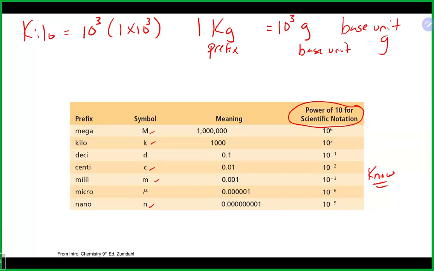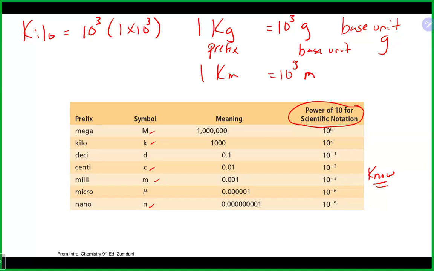And it doesn't really matter, by the way, what the base unit is. So if I were doing something else like kilometers and meters, in this case our base unit is meters, it would work the same way. In one of the prefix unit, there would be 10 to the 3 meters there. And again, that is the proper way to use that.